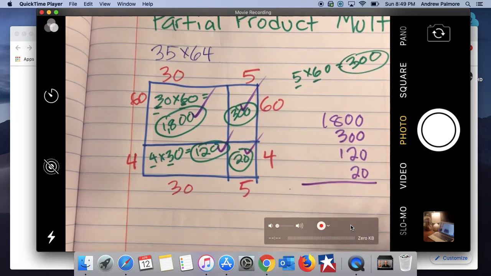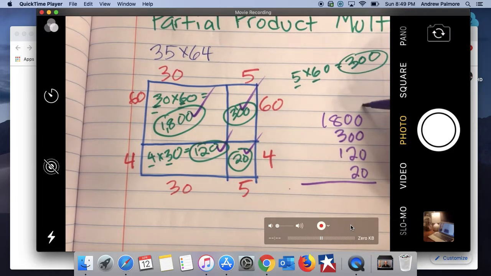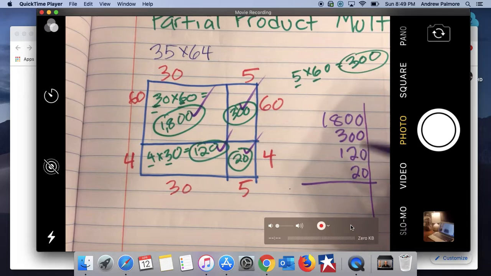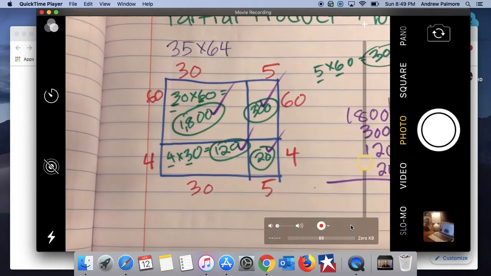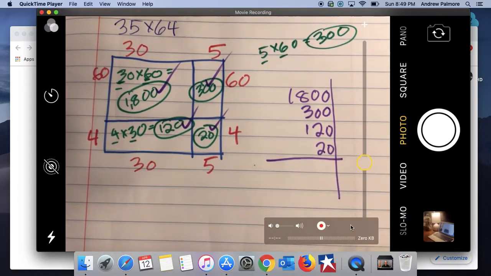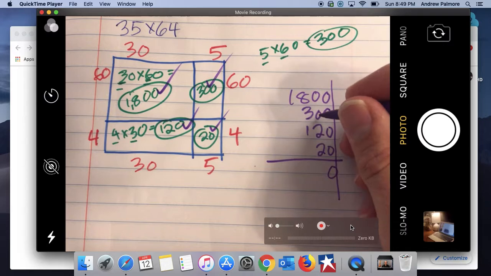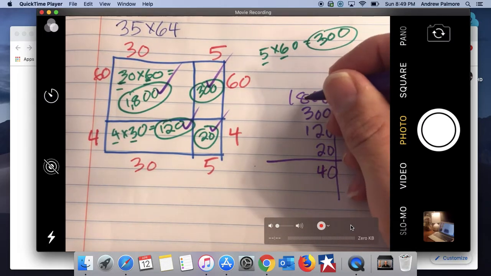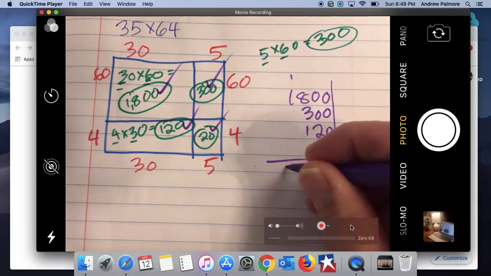Now, notice that I'm writing on the lines here and I'm lining up my digits on the right hand side of the number. Okay. You don't want to mess up your ones and your tens and so on. So 0, 4, 8, 9, 10, 11, 12. Okay.